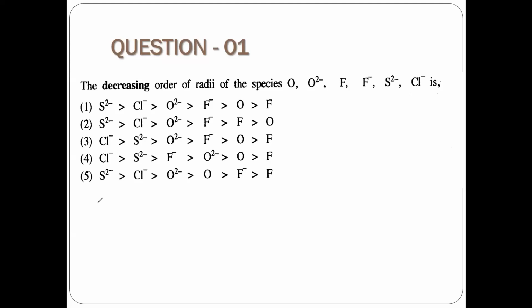So let's rewrite the increasing order first. So what should that be? It is fluorine, oxygen, F minus, O2 minus, Cl minus, S2 minus. Shall we write the decreasing order now?